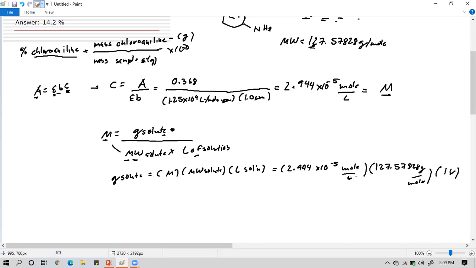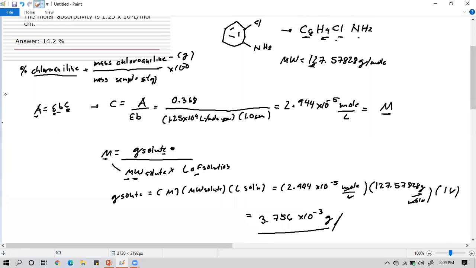So, ma-cancel yung liter, ma-cancel yung mole, matitira yung grams, at meron tayong value na 3.756 times 10 raised to negative 3 grams of chloroaniline. Ngayon, itong value na ito, dito na siya papasok ngayon, guys. Wait lang.